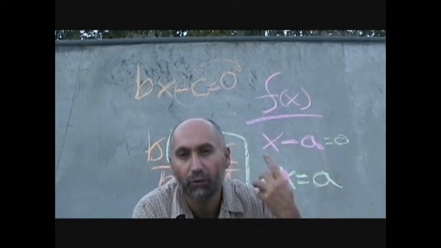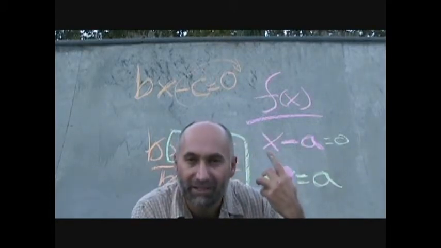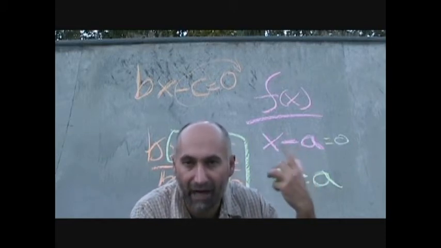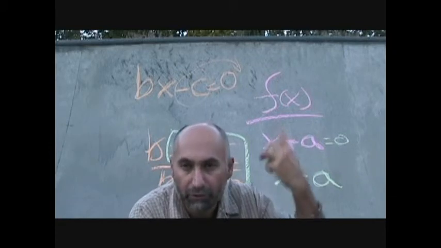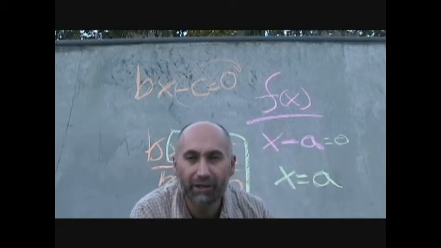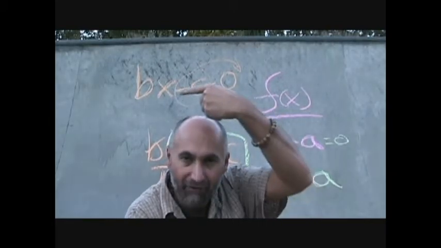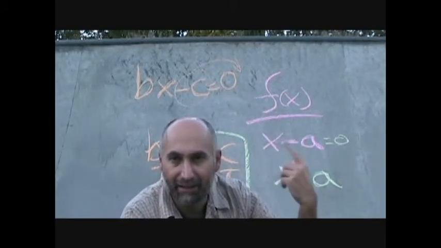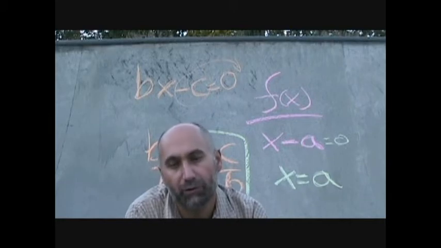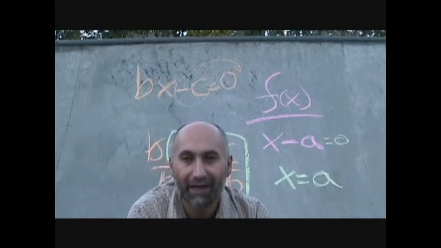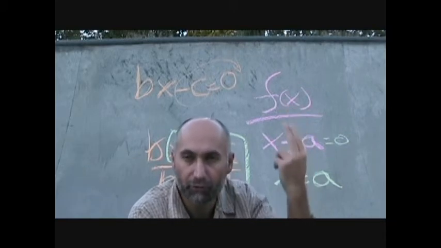In general, we're going to do synthetic division when it's just x minus a in the denominator. If we get anything else, a higher degree down here, we're going to use polynomial long division. And in general, if we get an expression like this with this thing in the denominator, we're still going to use polynomial long division. Where we are going to use synthetic division is not necessarily for polynomial long division.